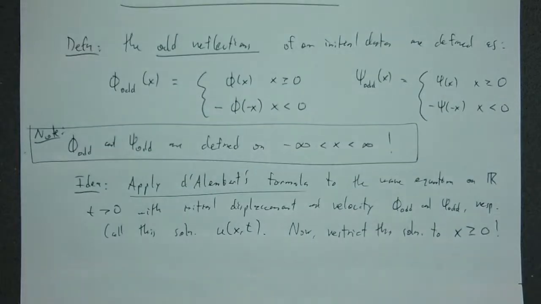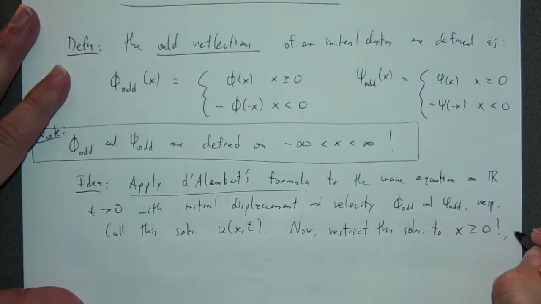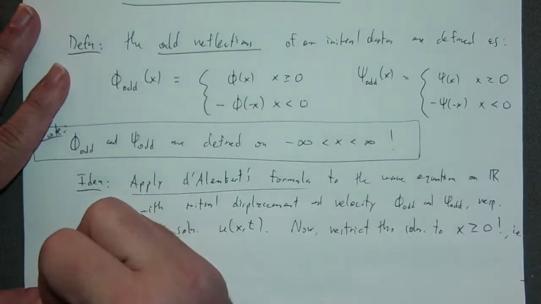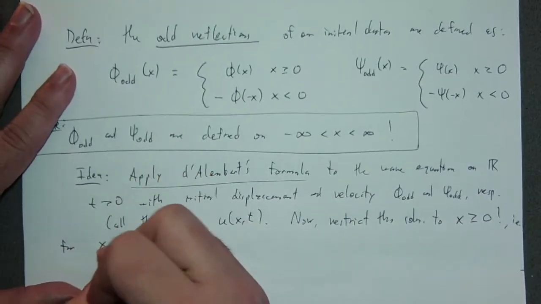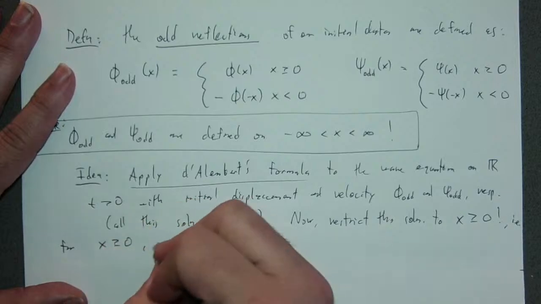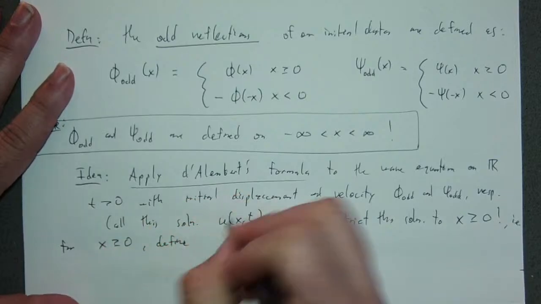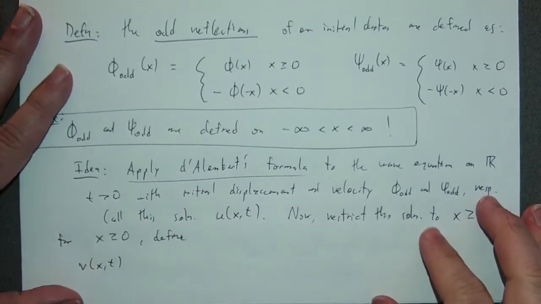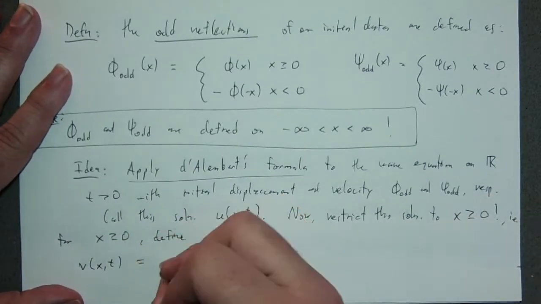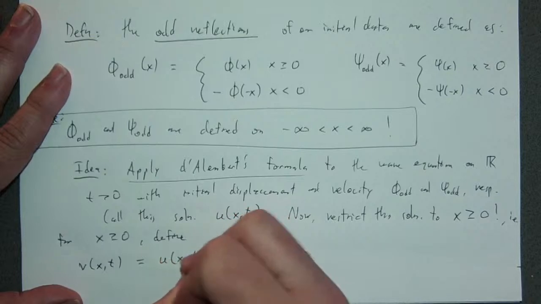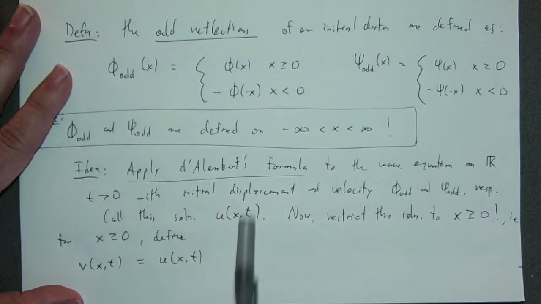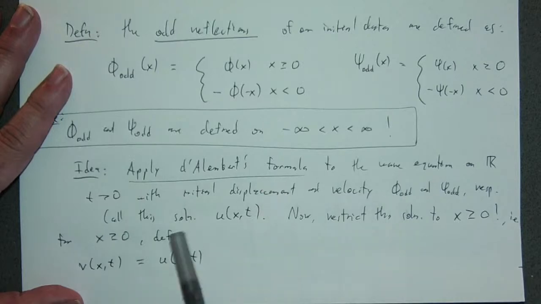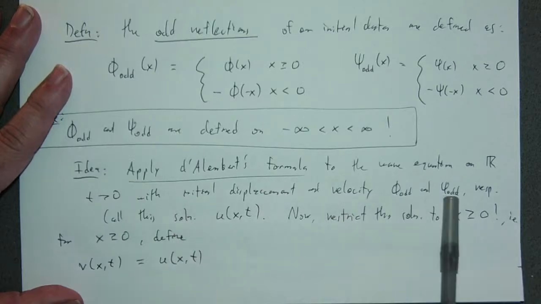Okay. So for x greater than or equal to 0, define v of x,t to be u of x,t. But u of x,t we defined using D'Alembert's formula for initial data phi odd and c odd. So what is this u of x,t?